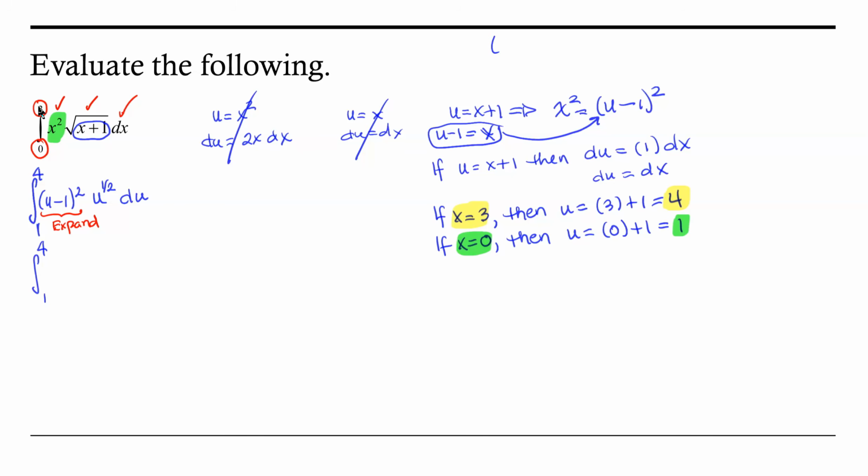Keep in mind that u minus 1 squared is u minus 1 times u minus 1, so that's u squared minus 2u plus 1. So we're going to have u squared minus 2u plus 1 times u to the 1/2 du.